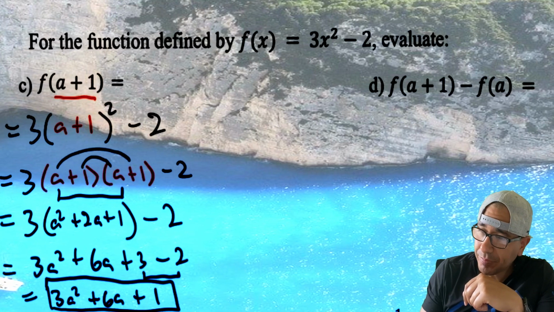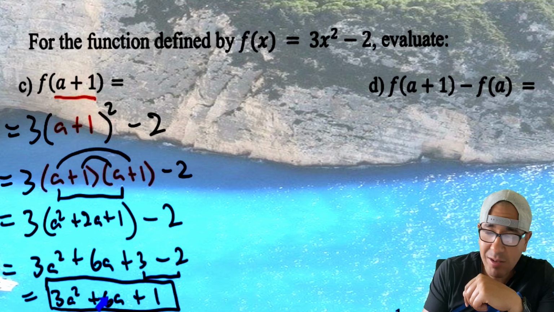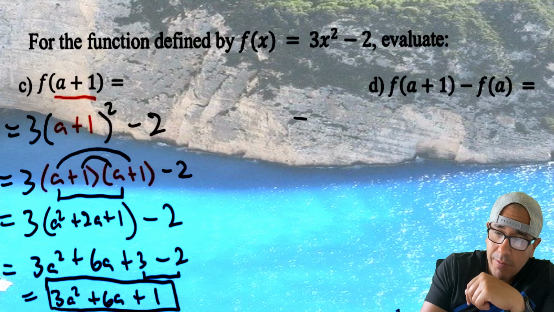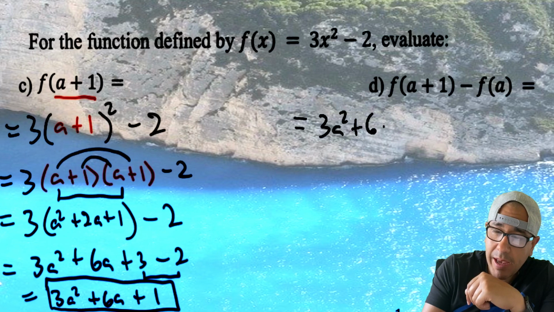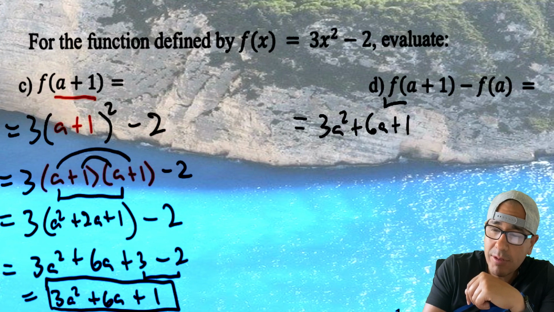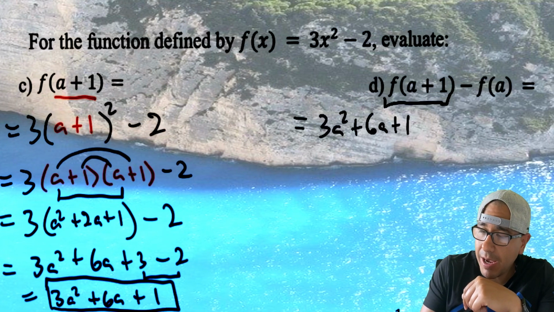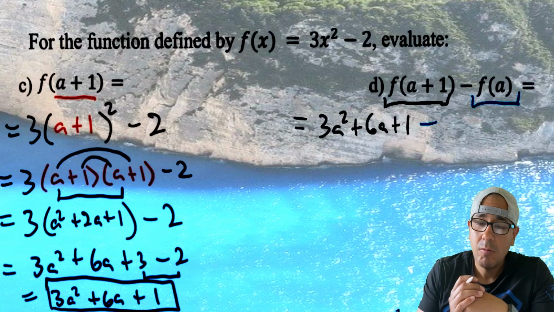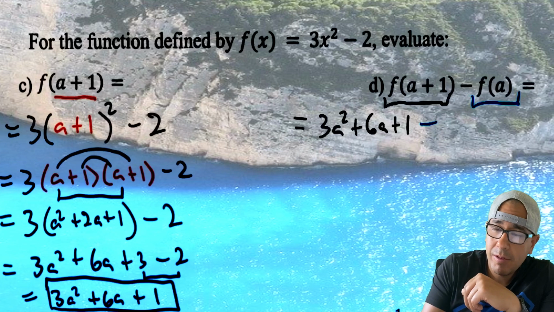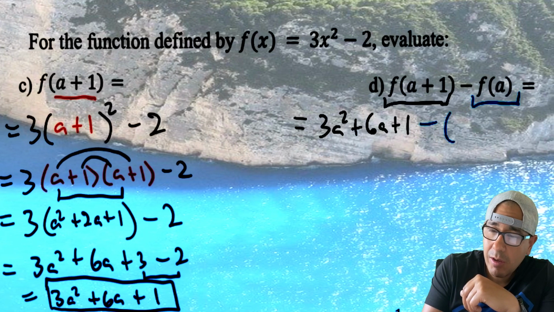All right, so let's use this answer of 3a squared plus 6a plus 1. That was that. And let me do this next part in blue, minus f of a. Well, what's f of a? Well, that's just us going ahead.